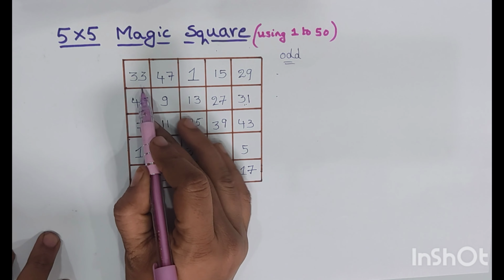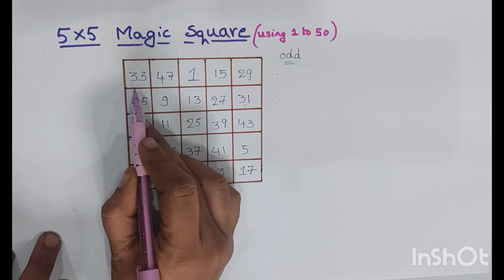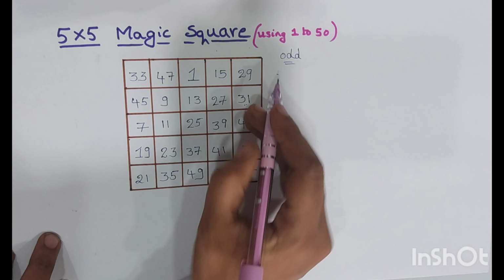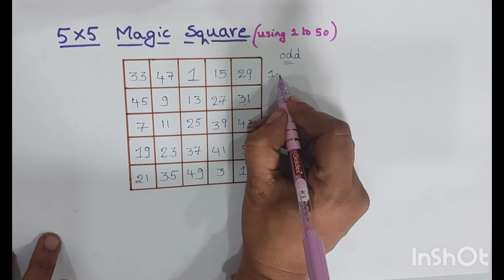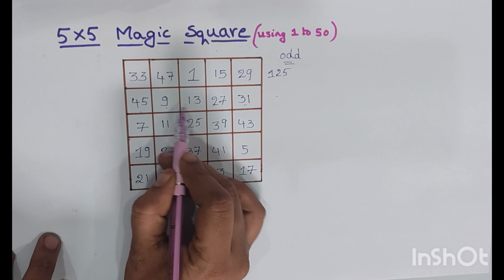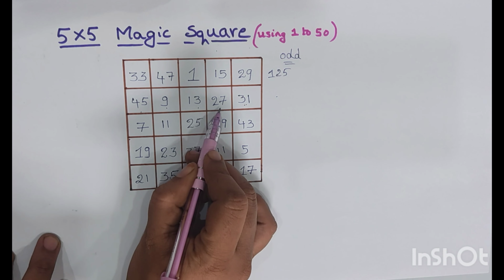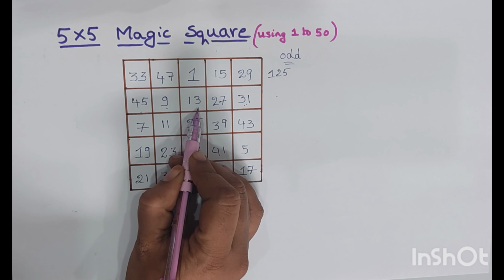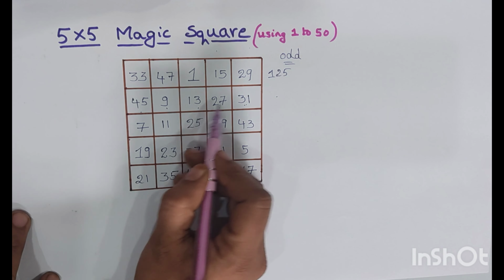And now we will calculate the sum of the rows, columns and diagonals of this 5 by 5 magic square. The sum of the 5 boxes of the first row will be 125, and the sum of the 5 boxes of the second row will also be 125.